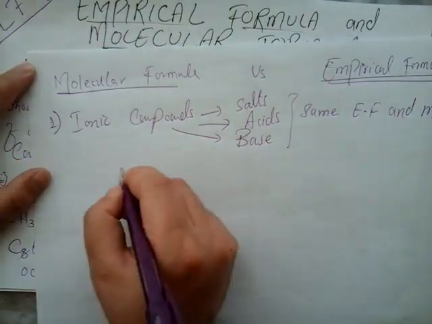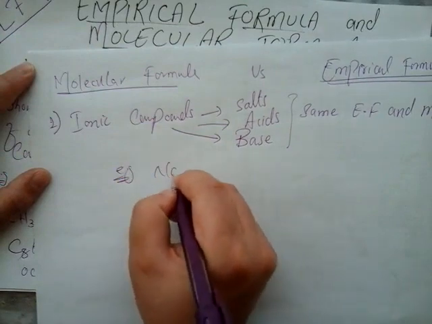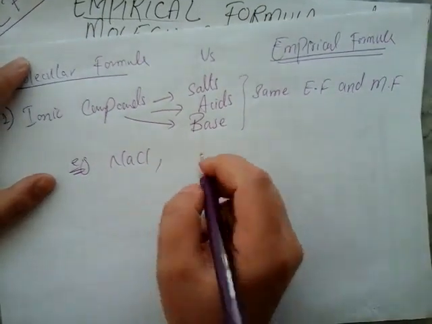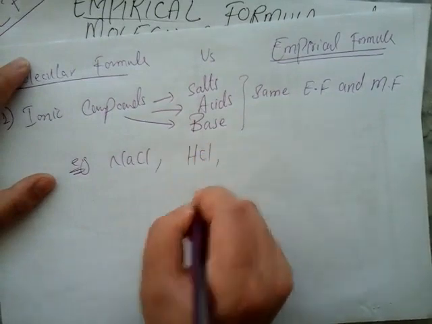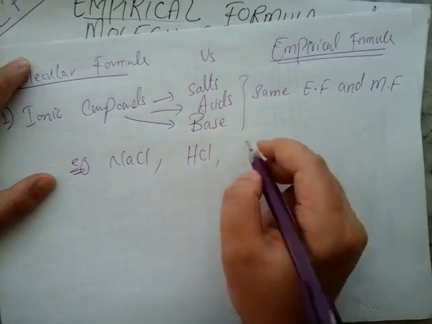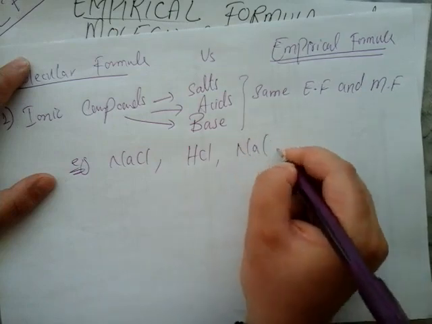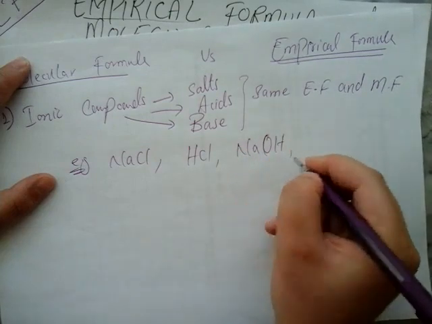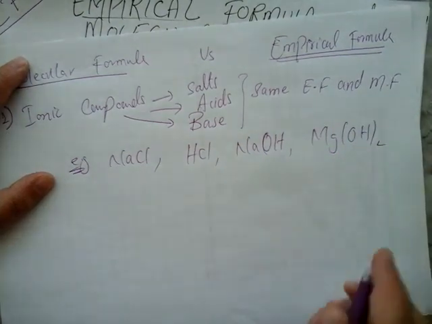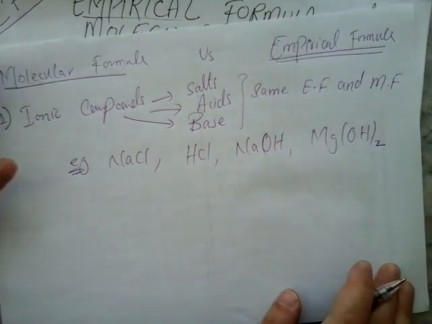So for ionic compounds, the molecular formula and empirical formula are the same. For example, sodium chloride, salt, hydrochloric acid, sodium hydroxide, magnesium hydroxide. Their empirical formula and molecular formula would be the same.